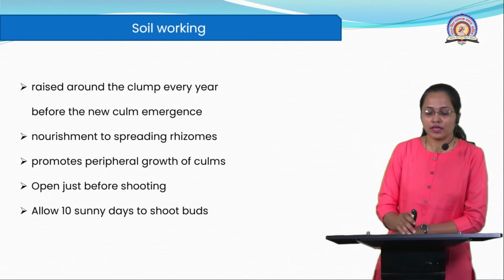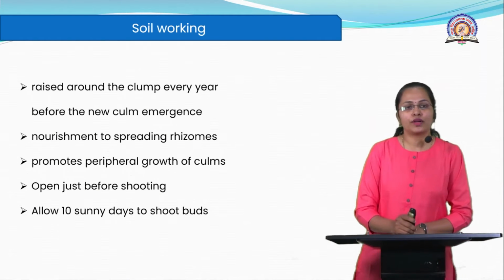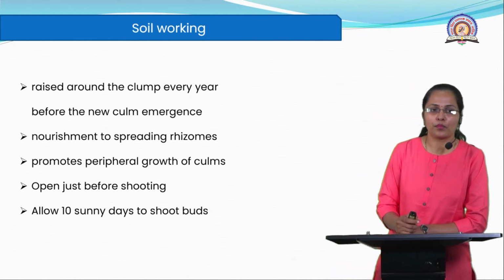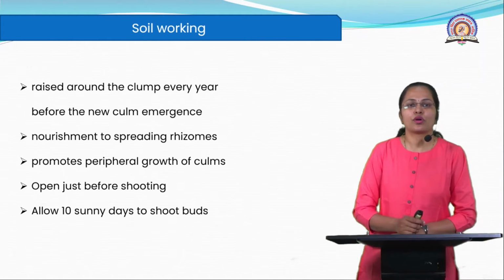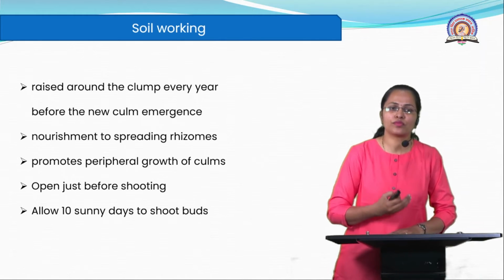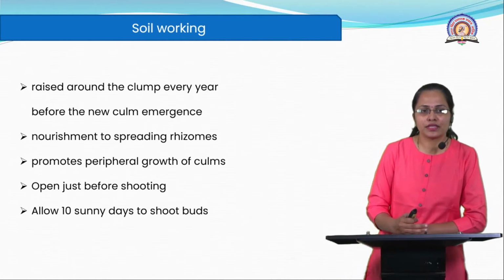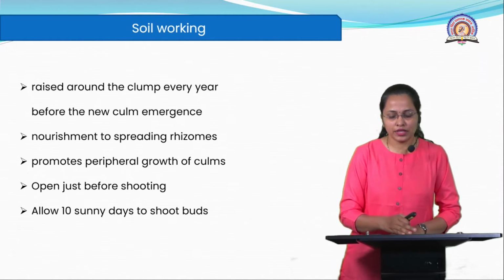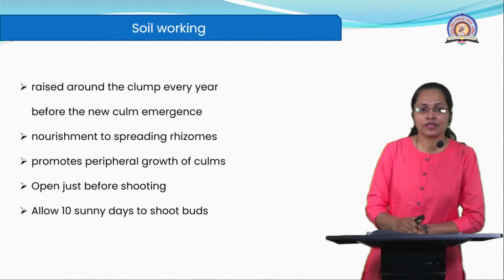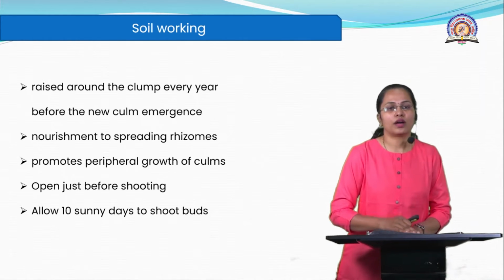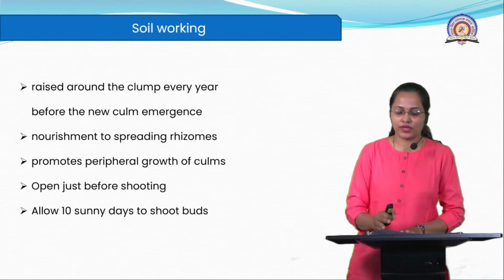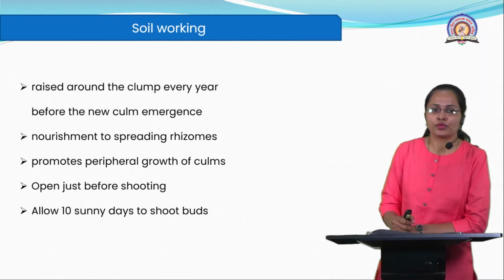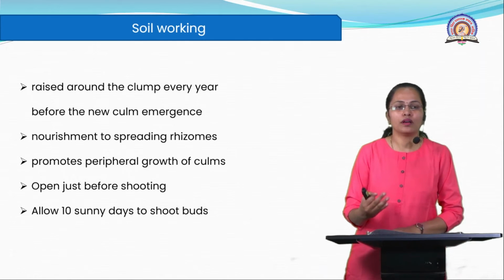First thing is soil. Soil working is very important for the production of bamboo clump. For the emergence of new buds, for the emergence of new clumps, we have to raise the soil around the clump every year. Every year we have to increase the layer of soil around the bamboo clump by 15 to 30 centimeters, which is important to produce new emergence from the clump.